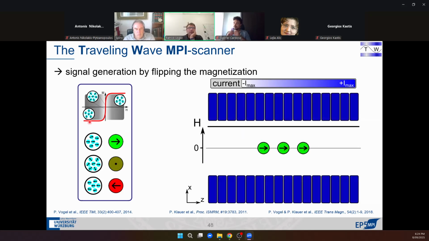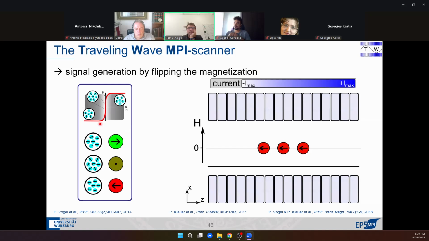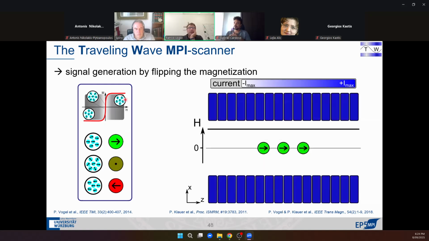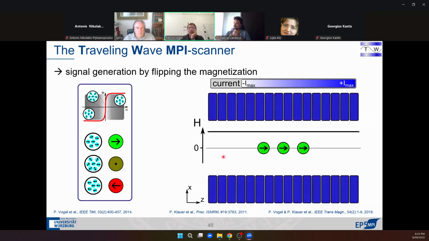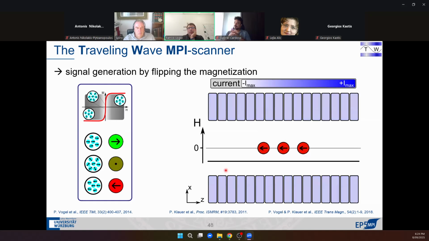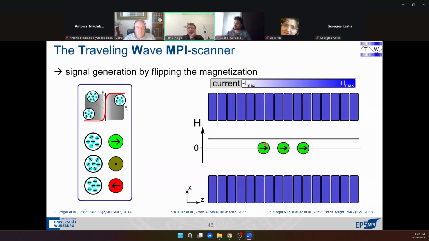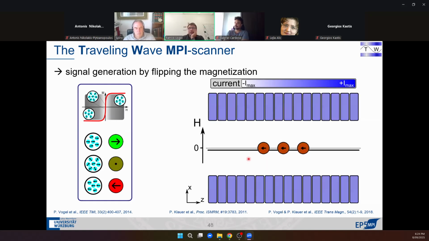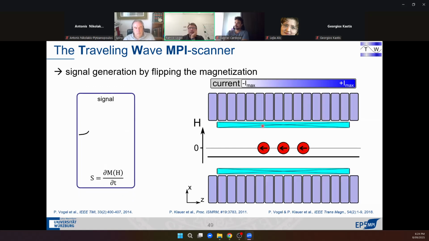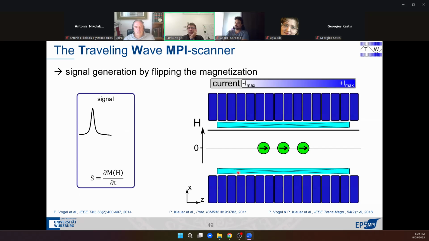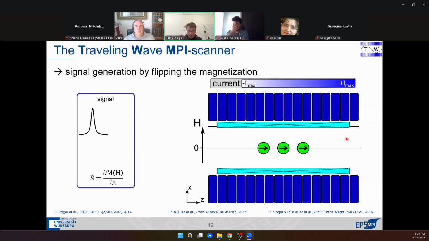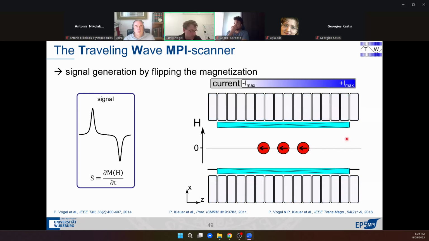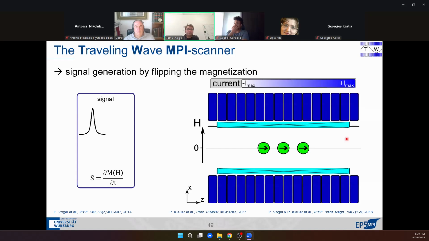So they follow the Langevin function, and when they reach the saturation area, then the saturation magnetization is reached. And within a sinusoidal magnetic field, the magnetization will also follow. And by adding a receive coil, we can now measure the signal inductively. You remember it's the derivative of the magnetization over time.